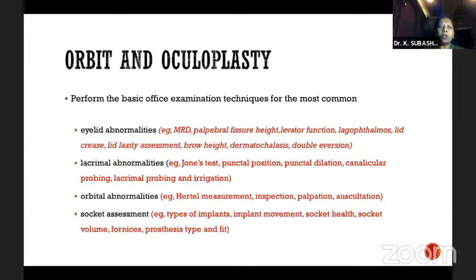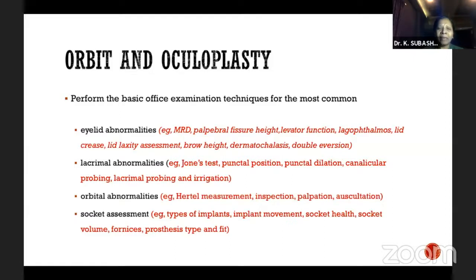In orbit and oculoplasty, the trainee should be able to perform the basic office examination techniques for the most common eyelid abnormalities, like the MRD, palpebral fissure height, levator function, lagophthalmos, lid crease, lid laxity assessment, brow height, dermatochalasis, and double eversion.